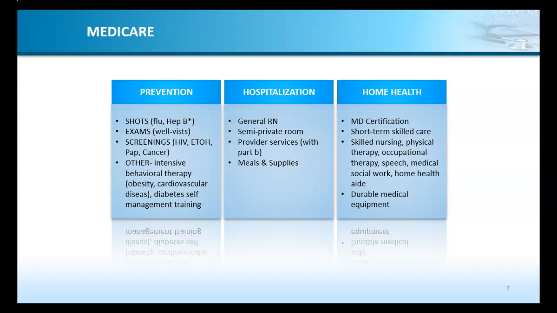Skilled nursing, or what we call SNFs, skilled nursing facilities, are covered under home health. Physical therapy, occupational therapy, speech therapy, and medical social work benefits are covered. Home health aide and durable medical equipment are covered too. So all these services that you receive from your typical home health care programs are covered under Medicare as well.